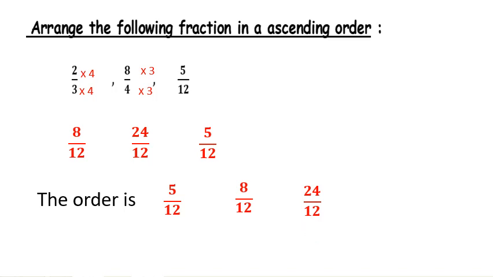If you want to complete the answer, write the original form of each one: 5 out of 12, which is 5 out of 12, and 8 out of 12, which is 2 out of 3, and the last one, 24 out of 12, which is 8 out of 4, which is the original form of the fraction.